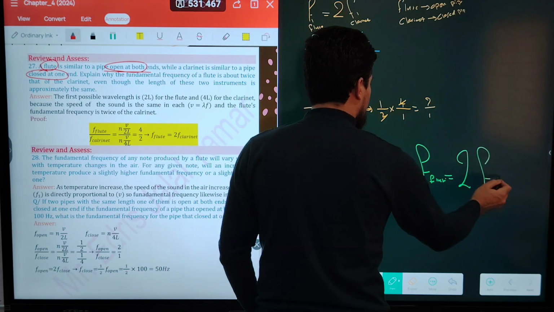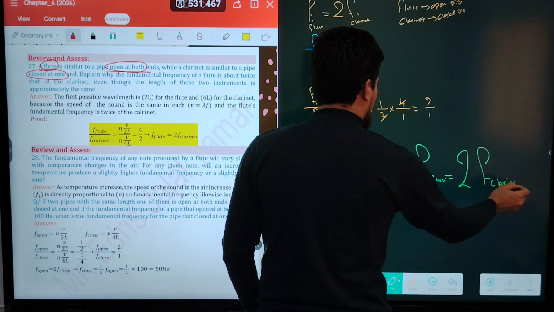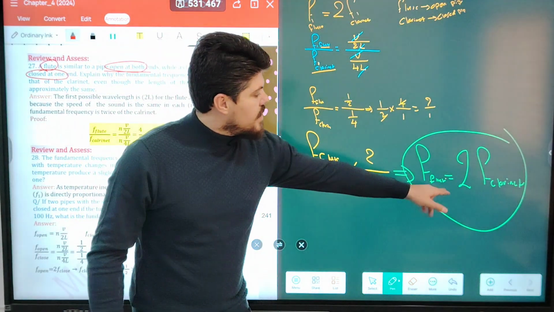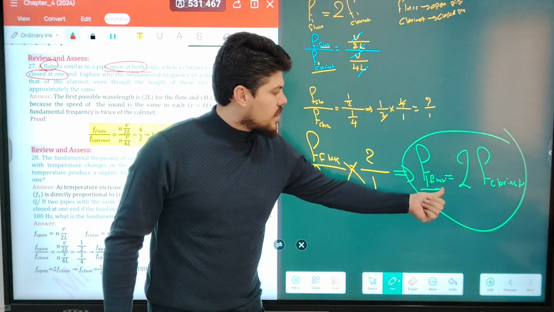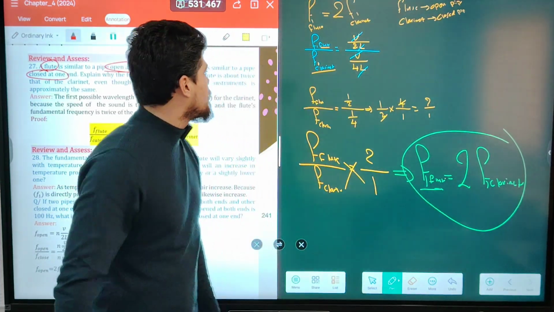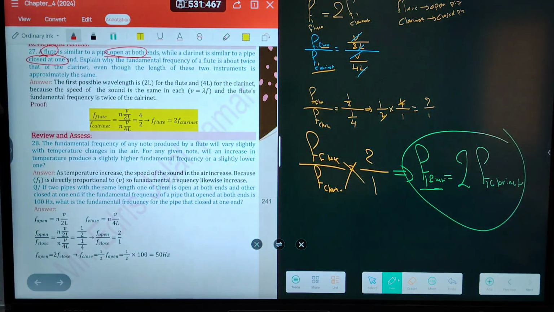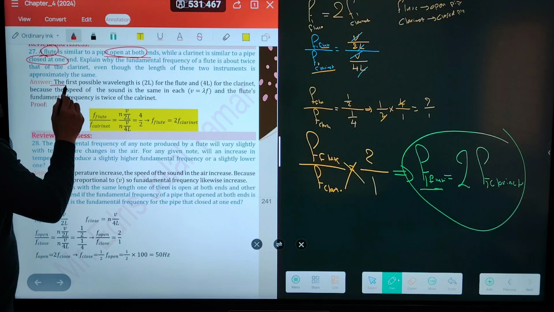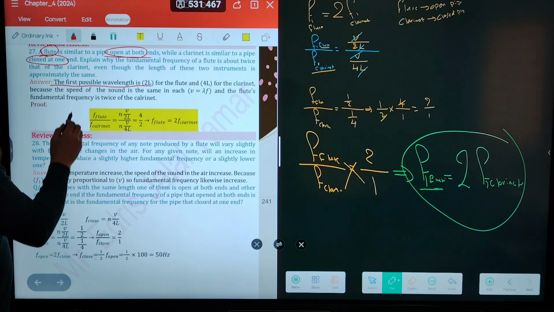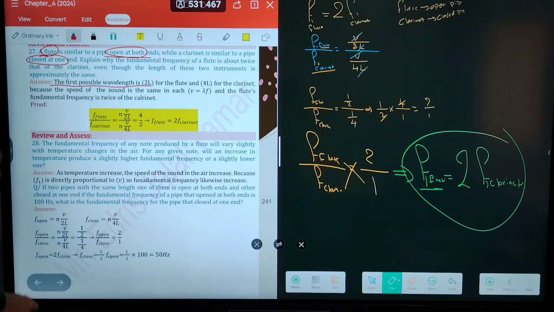Now I proved it for you. The fundamental frequency of the flute is twice that of the closed pipe. The first possible wavelength is 2L for the flute and 4L for the clarinet, because the speed of sound is the same and the flute's fundamental frequency is twice that of the clarinet.